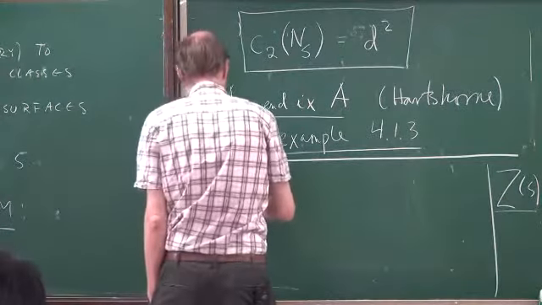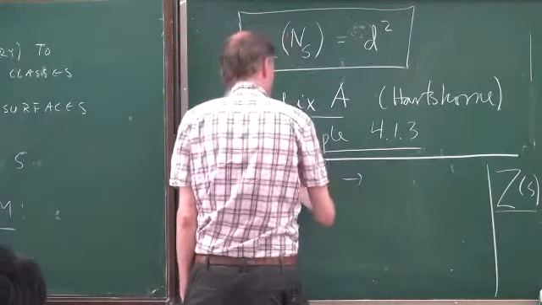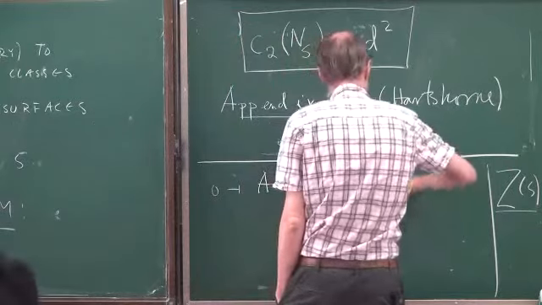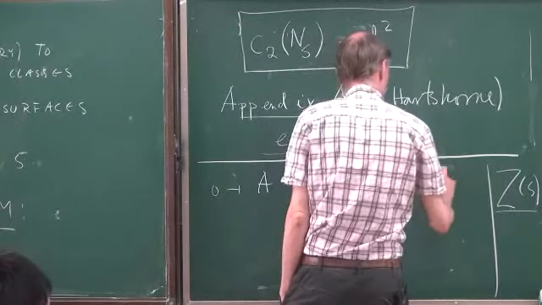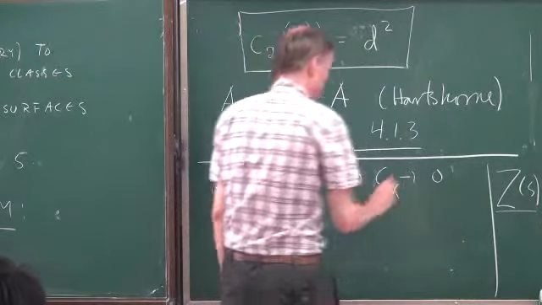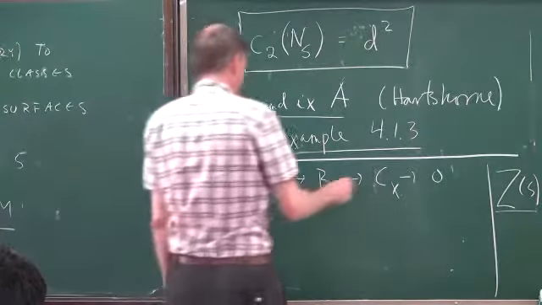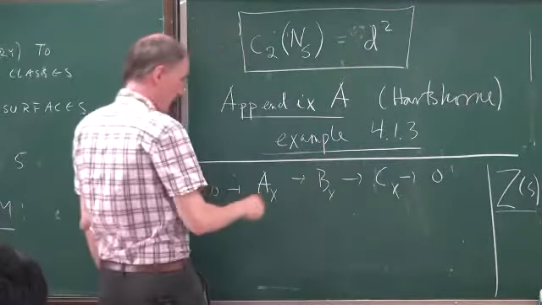So if you have a sequence of vector bundles A, B, C on X, let me just take a baby example here.